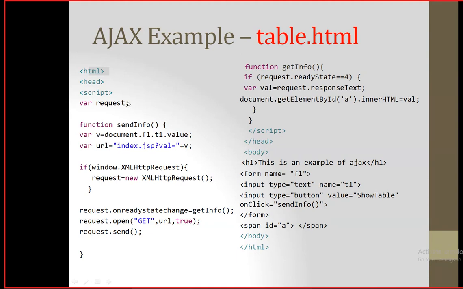Fine. So in this web page, we will start with the body part. Let us see what the HTML has to offer. As usual, we are printing out the statement. We have a form whose name is F1, and as you can see, we have no action.